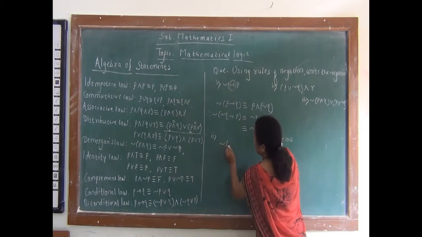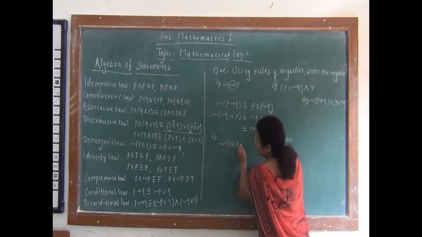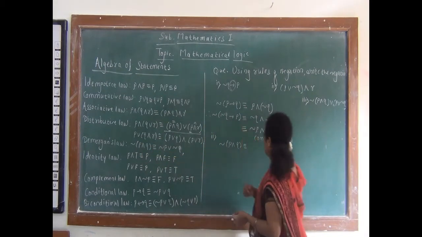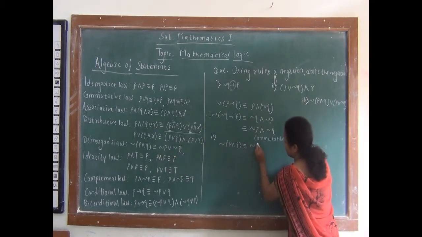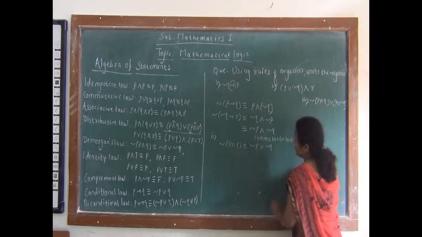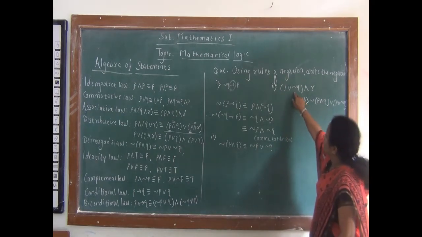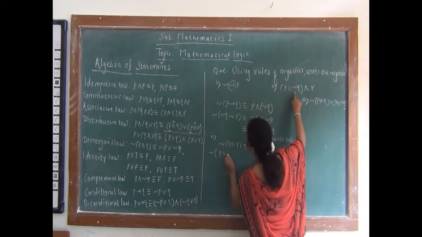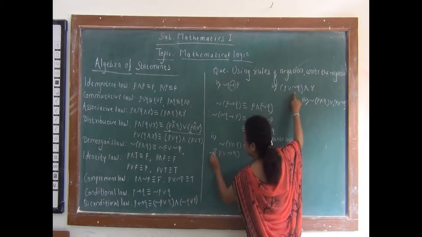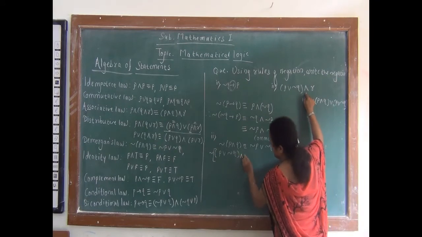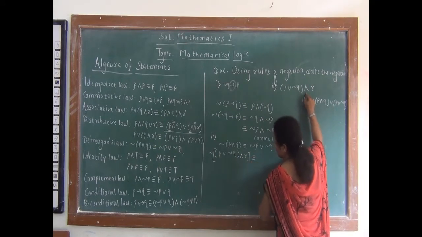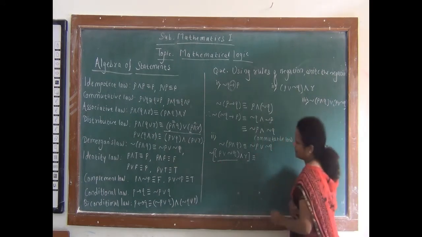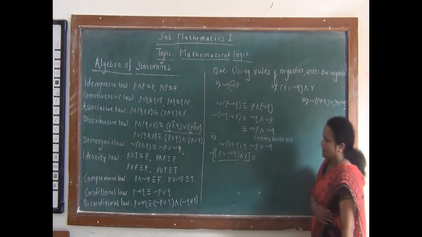We know negation of (P and Q), here we write De Morgan's law, becomes negation P or negation Q. And therefore we consider negation of this statement as negation of ((P or negation Q) and R) is equivalent to, so our P is this first bracket and our Q is the second term R.